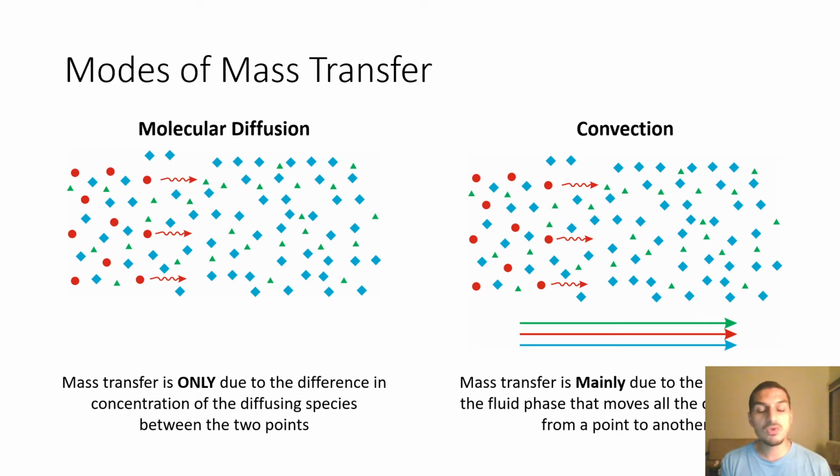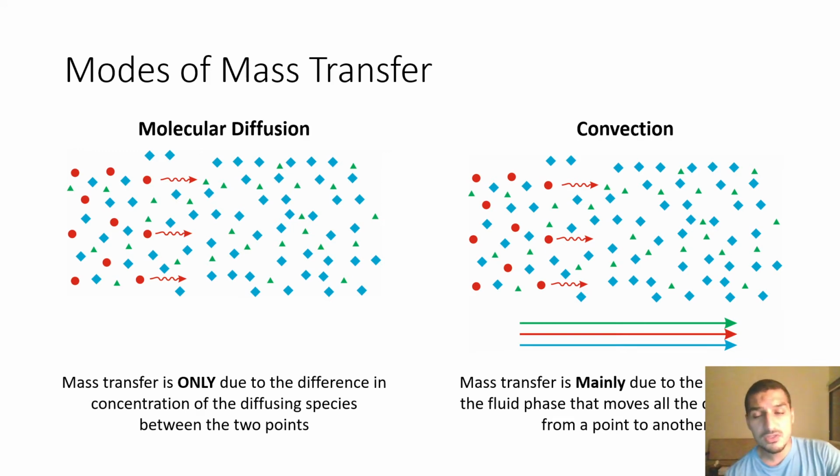So this is what we mean by convection. The mass transfer is not driven first by the difference in concentration, but mainly by the bulk flow, which is moving all the components, including the component that has the concentration gradient. This is the main difference between the two modes of mass transfer.